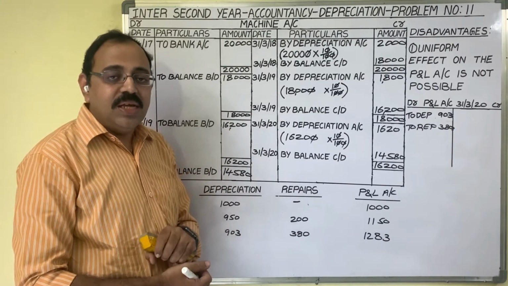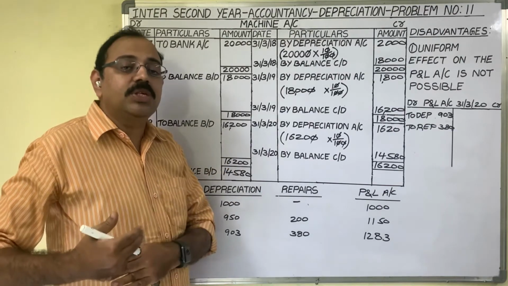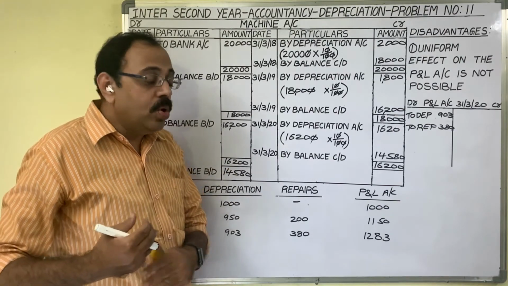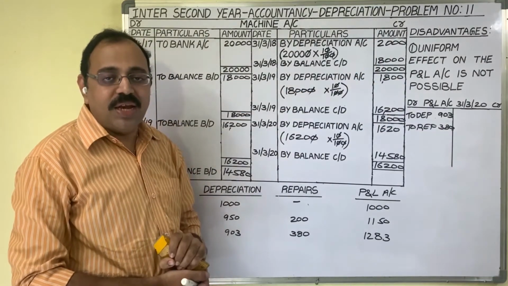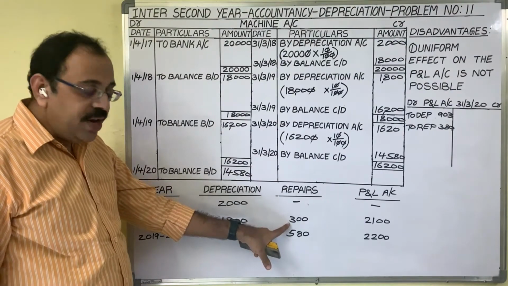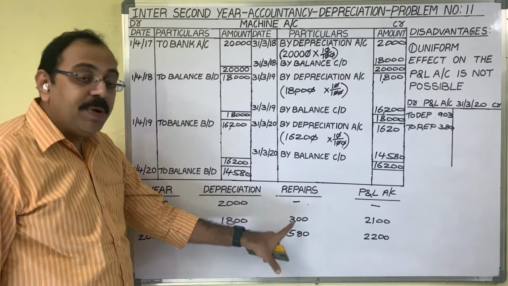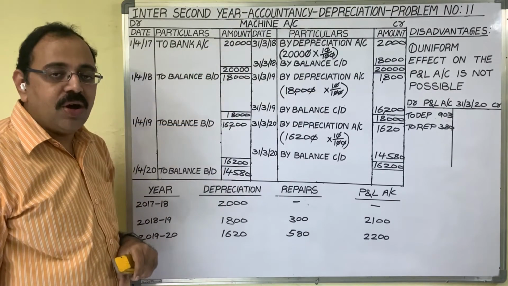Second reason is, if repair expenditure increases when the asset becomes older, then also you cannot put equal burden on P&L account every year. For example, second year repair expenditure 300 and third year repair expenditure 580. Then what is the effect on profit and loss account?